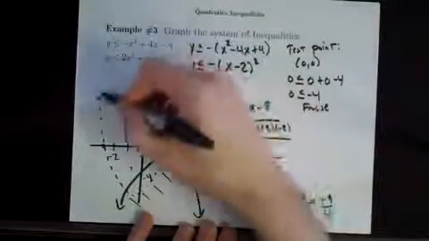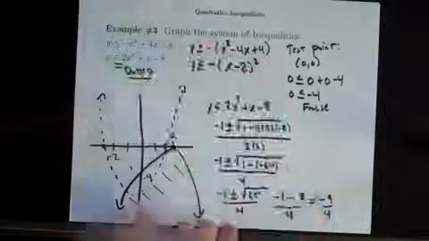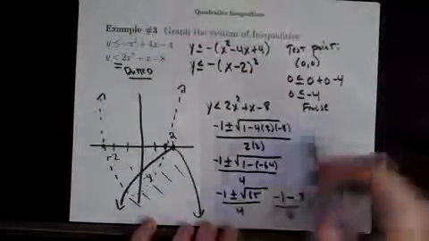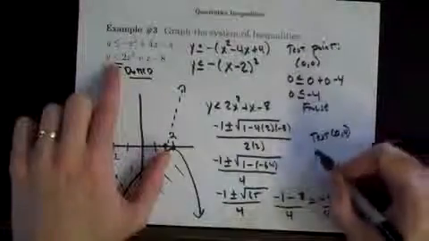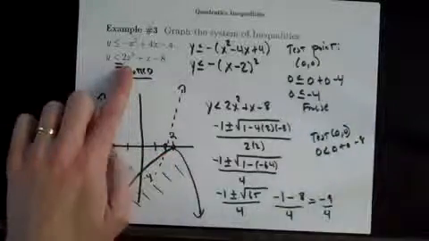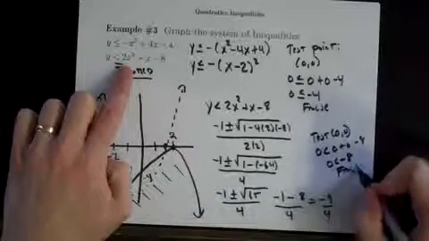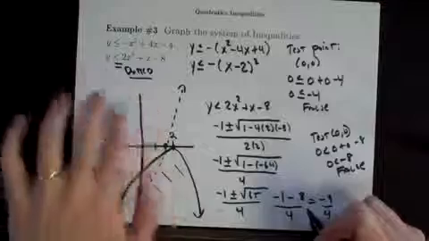I have a dotted line because it's less than, so that's dotted. And now we do a test point. Let's test (0, 0). So is 0 less than 0 plus 0 minus 8? You can see clearly that that's false. So you are not going to shade the (0, 0) area.